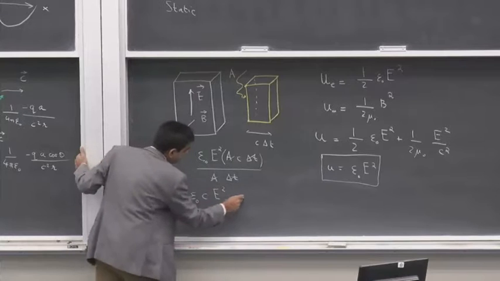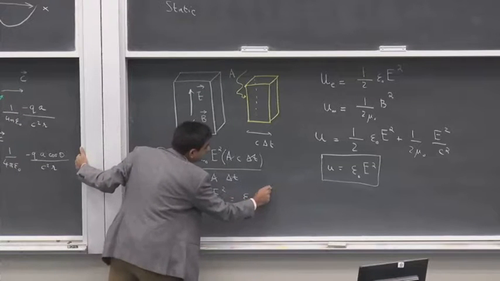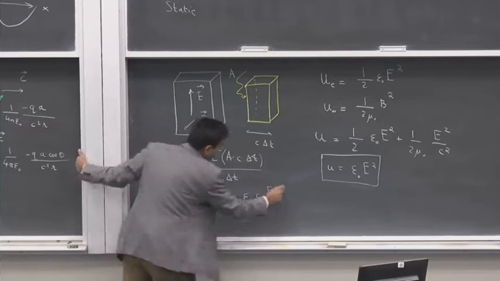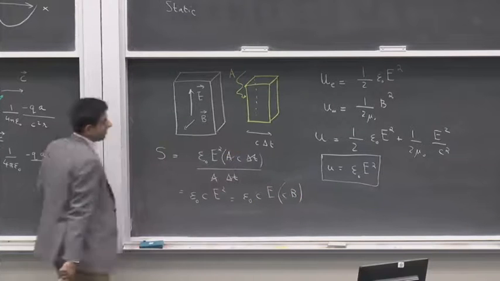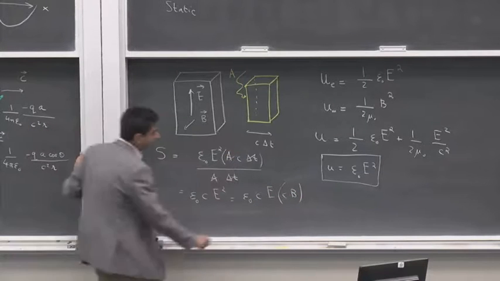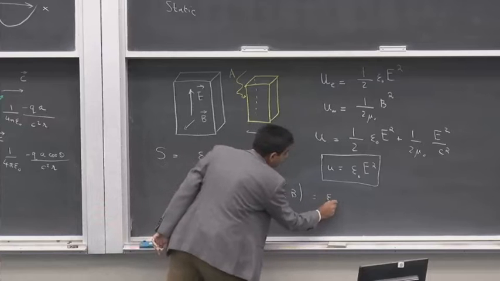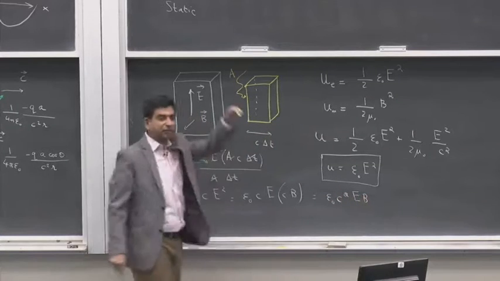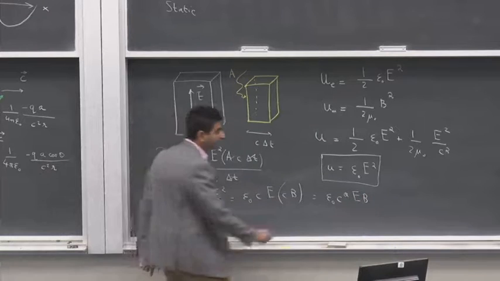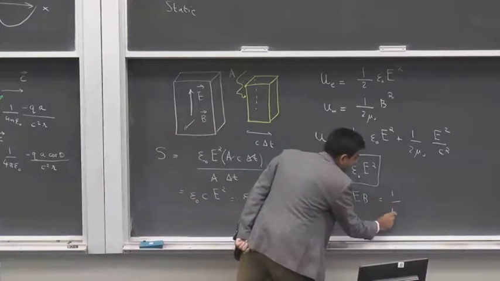But let me write this as epsilon naught c E times E. But E is simply cB. This means I have epsilon naught c squared EB. But what is c squared? It is 1 over epsilon naught mu naught. So this is 1 over mu naught times EB.